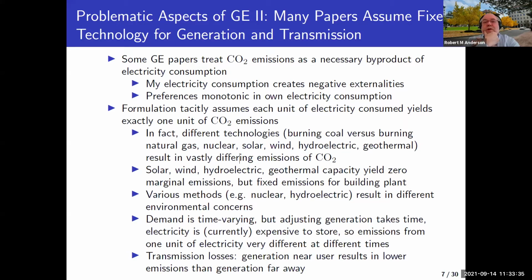So burning coal is about the worst. It's worse than burning natural gas. Nuclear doesn't produce any CO2 emissions, although it has other byproducts that are highly toxic. Solar, wind, hydroelectric, and geothermal are much more benign, but not also without some negative externalities.